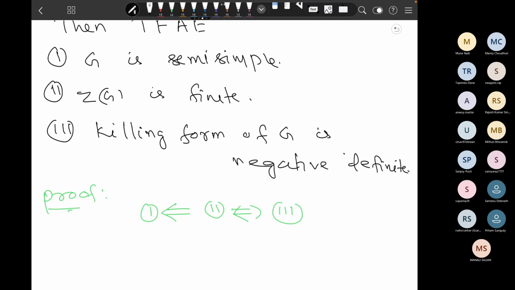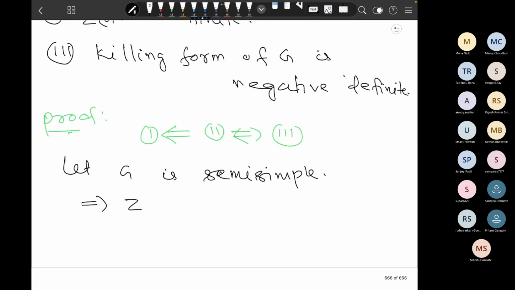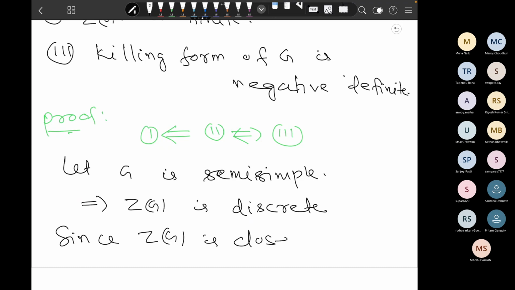So let G be semi-simple. That means ZG is discrete. And also ZG is compact, since ZG is a closed subgroup in G, and G is compact.